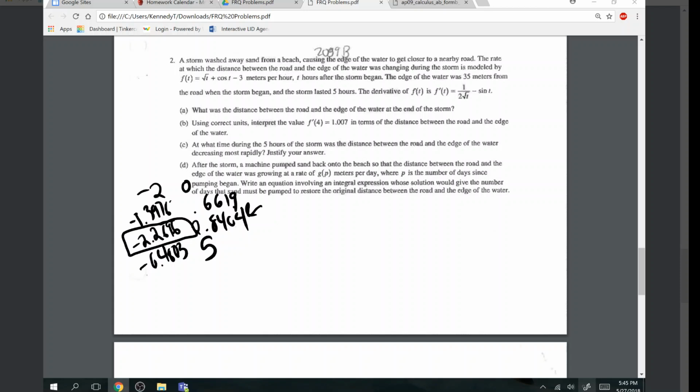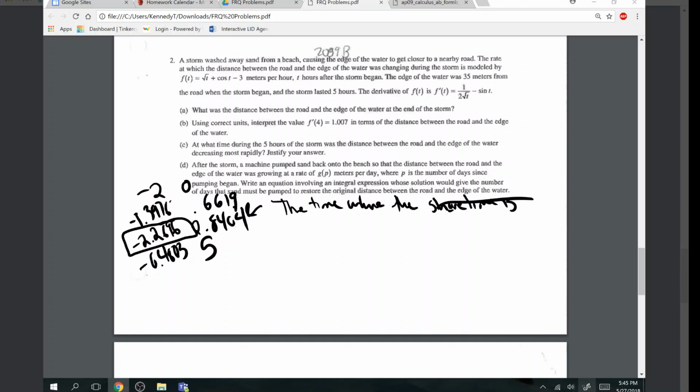So we'd have to say the time where the shoreline is shrinking the most. Is that the right way of putting it?